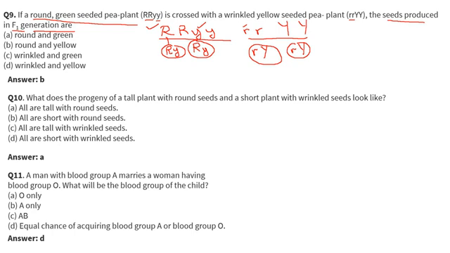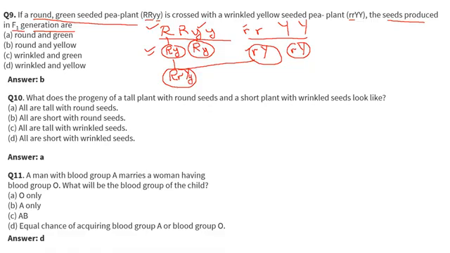And when we cross, let's cross at least the first gametes. When I cross these two gametes, what I get here is capital R, small r. I keep the genes responsible for the similar trait together, and capital Y and small y, right?